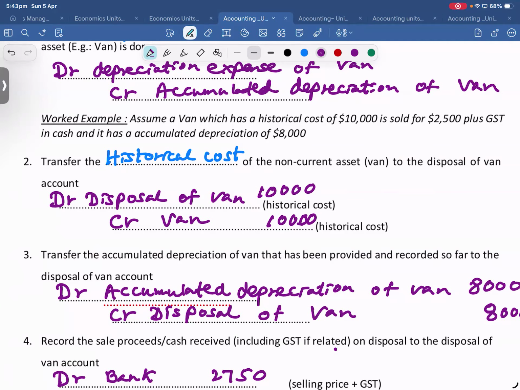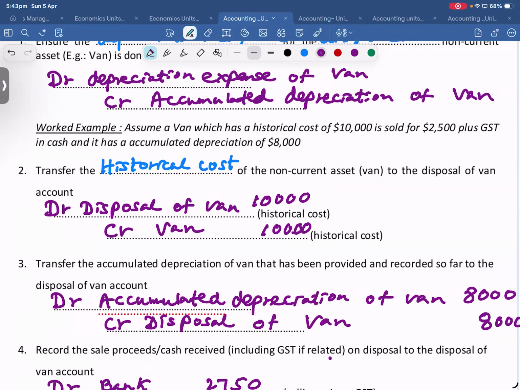Yes, Christian. Why is it profit? Because of the accumulated depreciation, and because it's 10,000, it's an $8,000 difference. What do you call the 2,000? Carrying value. It's good. All right, guys, all of you are correct.